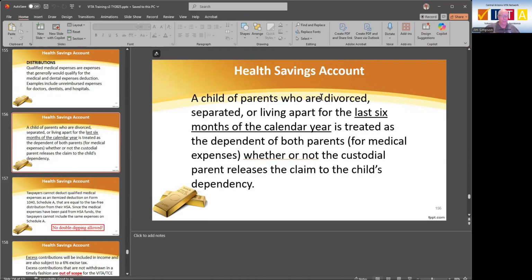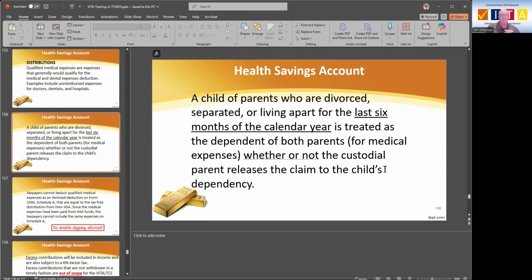A child of parents who are divorced, separated, or living apart for at least 6 months of the calendar year is treated as the dependent of both parents for medical expenses, whether or not the custodial parent releases the claim to the child's dependency. Let me take you back. When we talked about dependents, I said in general, whoever has custody for more than 6 months gets the dependency exemption.